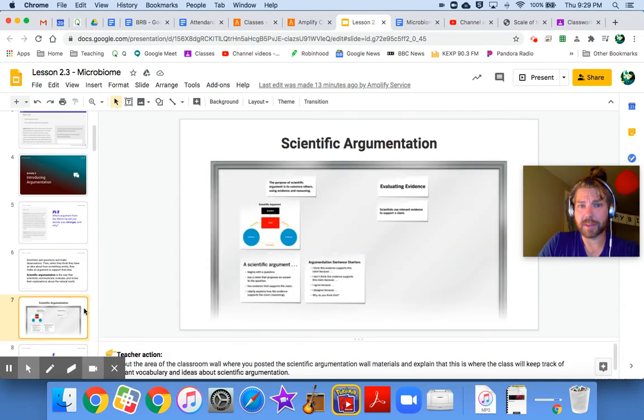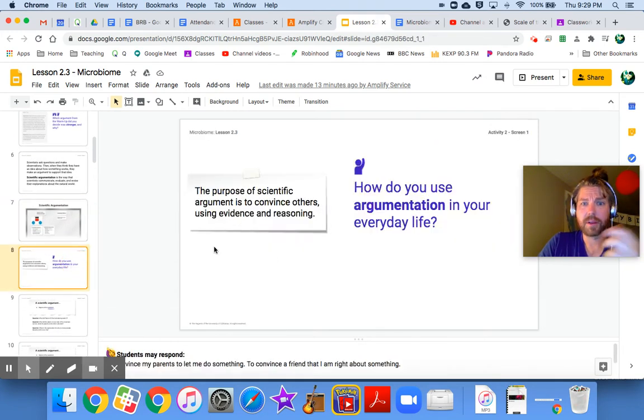And it starts with a question. And let's talk about this really quick. How do you use argumentation in your everyday life? I'm curious to hear about this when we come back together as a class. So the purpose of scientific argument is to convince others using evidence and reasoning, not just, I don't want to clean my room because I don't feel like it.